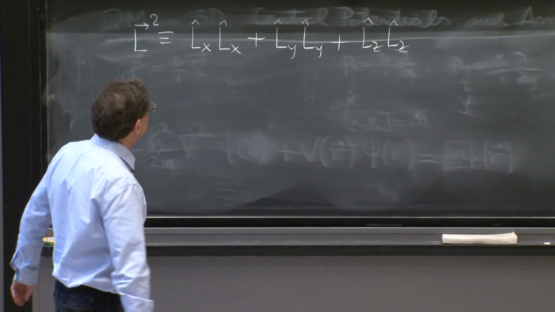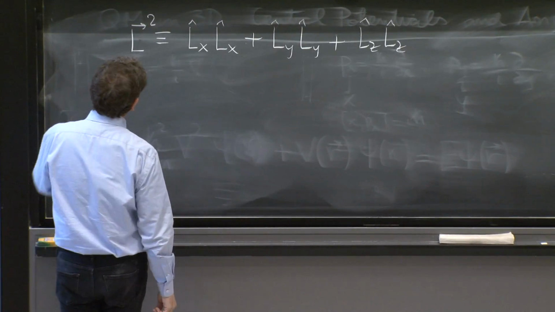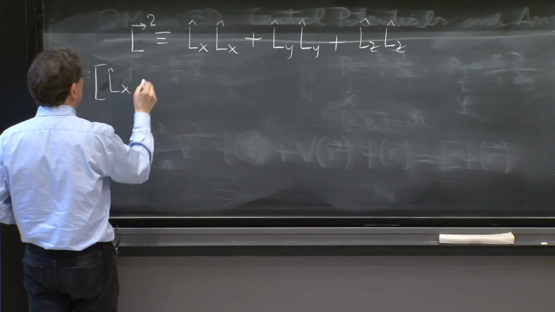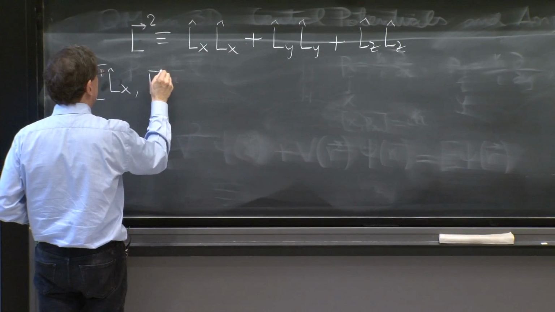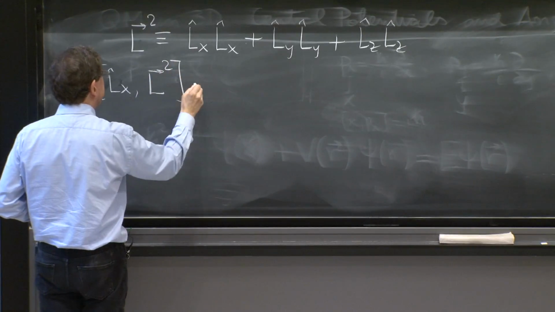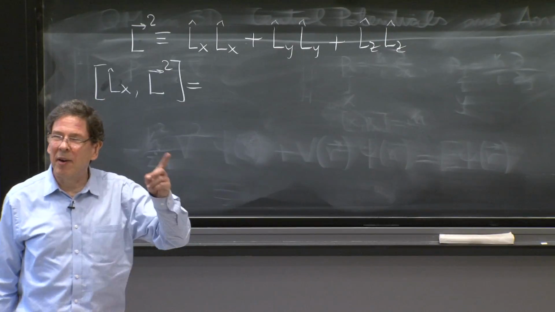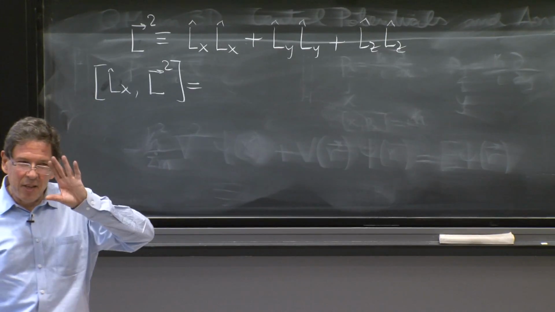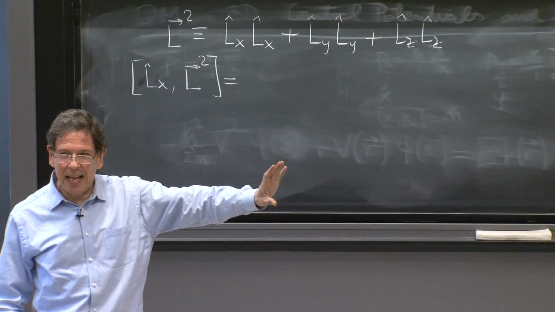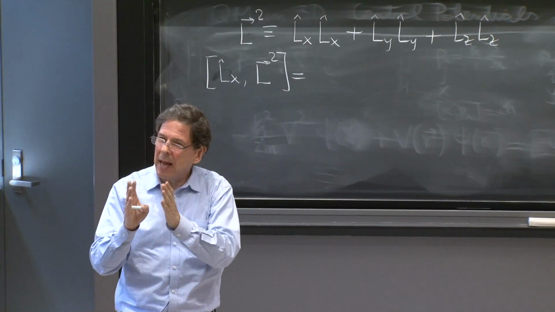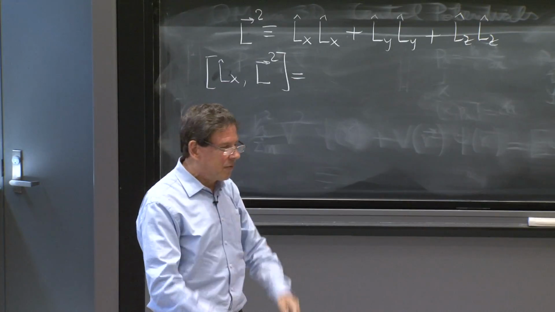And we try to see if maybe Lx commutes with L squared. Remember, we had a role for L squared in this differential operator that had the Laplacian; the angular part of the Laplacian was our role for L squared.